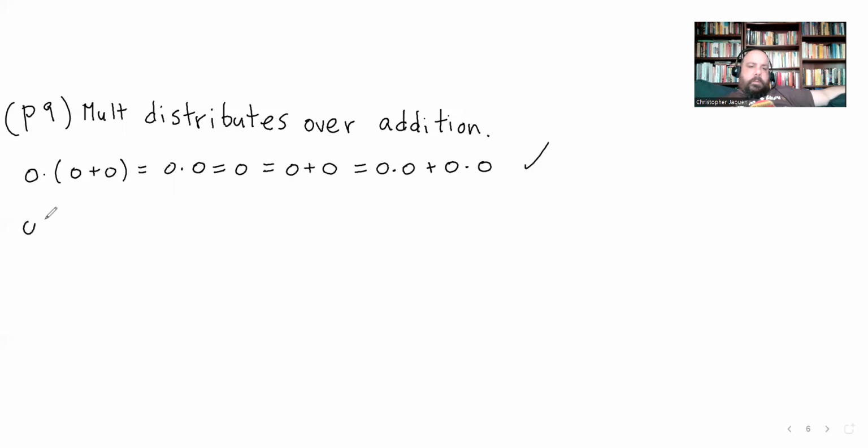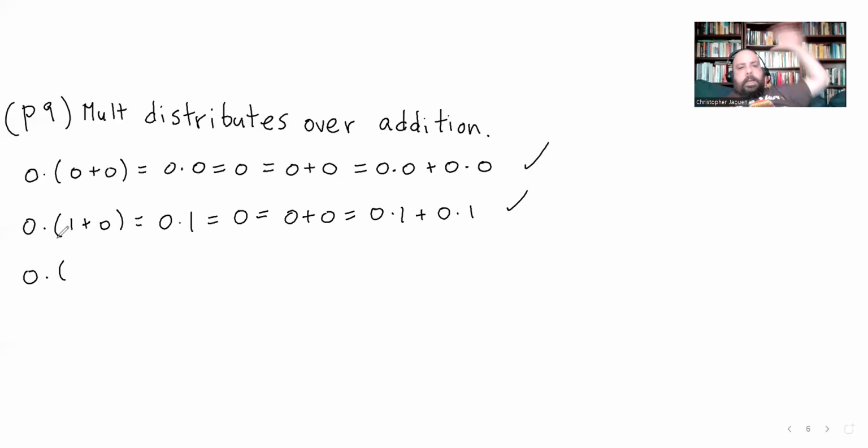Right, then 0 times 1 plus 0. So you just go through all the options. And here, since we already proved addition is commutative, we can save ourselves a little bit of work. 0 times 1 plus 0 is the same thing as 0 times 0 plus 1 by commutativity. So we could do next, let's see, 1 plus 1.